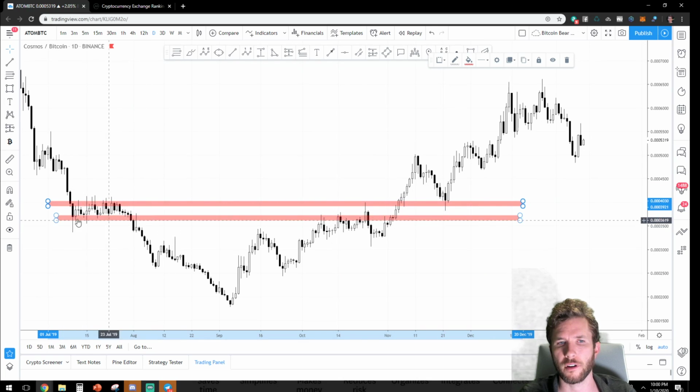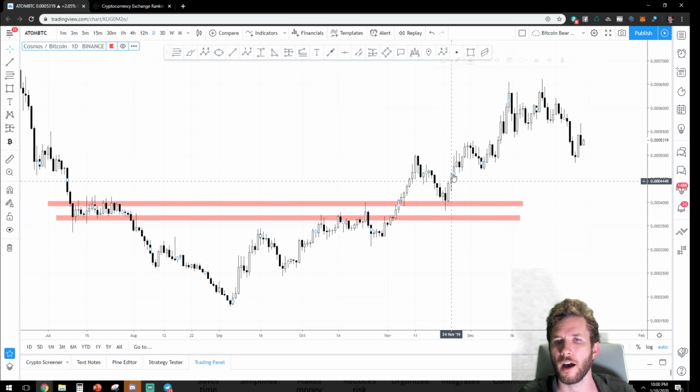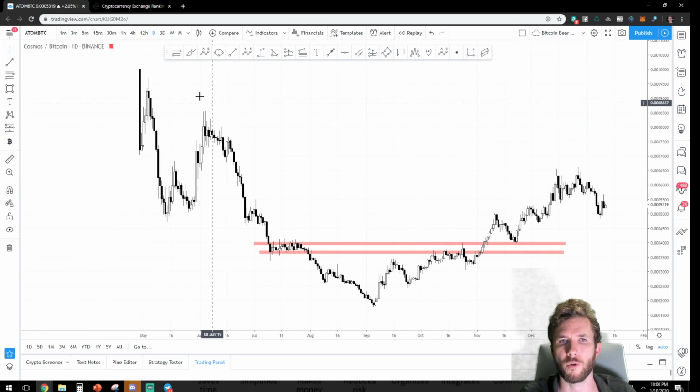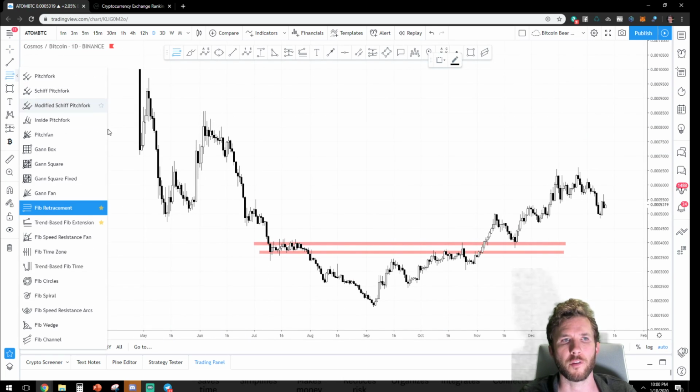Resistance on the bottom side, broke through resistance, support once, support twice. So this is that 1, 2, indecision, buy back up, 3, and that's a place where you can get long, then target the top of the range or our Fibonacci level pullbacks. So something like this.